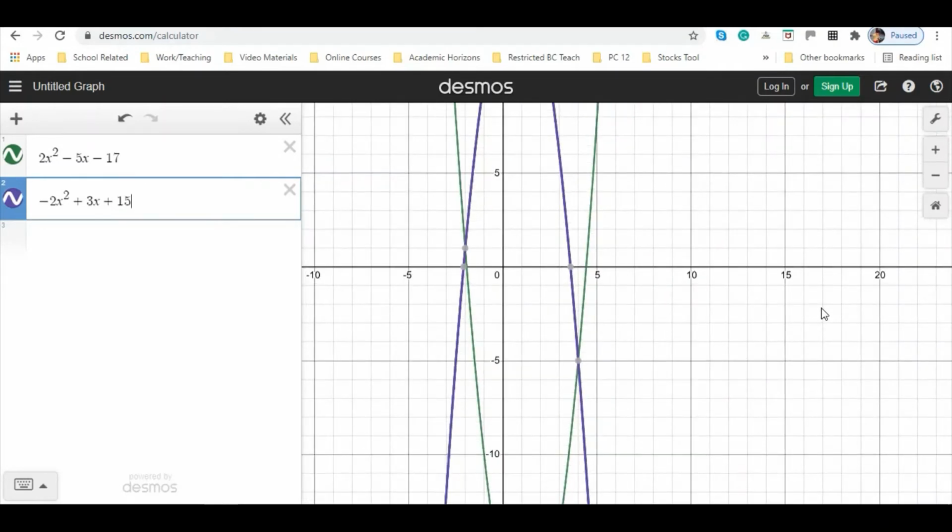So I will be looking at the points of intersection, not the x-intercepts of the two graphs. So this is one of the points of intersection, negative 2 and 1, and the other one is 4 and negative 5. So therefore, those are the solutions.